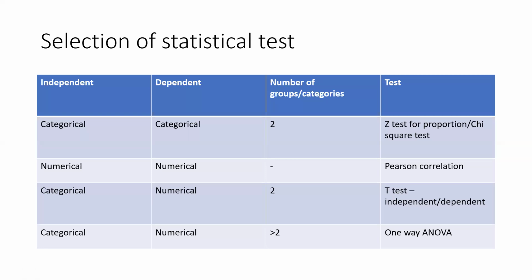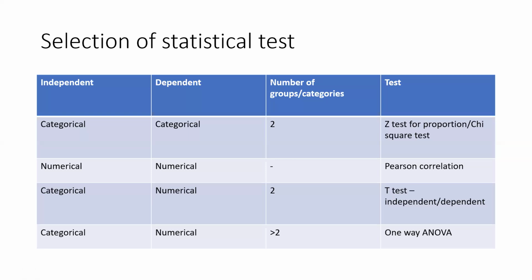So these are the basic statistical tests. If you are asked to decide the statistical test to be used, first find out what the independent variable is and what the dependent variable is.